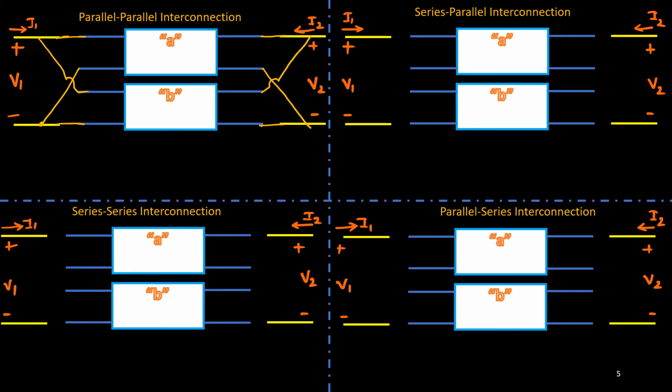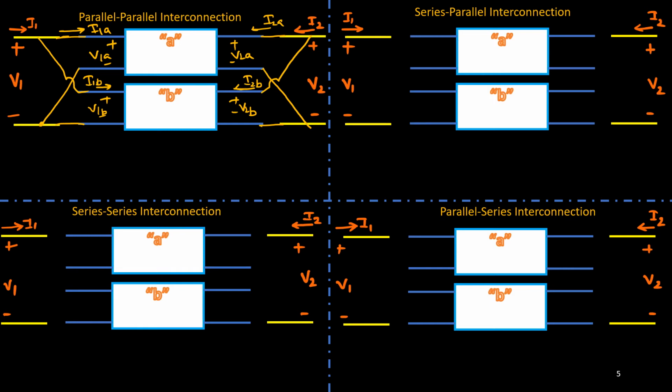So you see this potential, this one is V1A, this is V1B, it should be same as V1, and this is V2A, and V2B should be same as V2. However, this current is I1A, this current is I1B. So I1 equals I1A plus I1B. Similarly, this I2, this is your I2A, and this is your I2B.